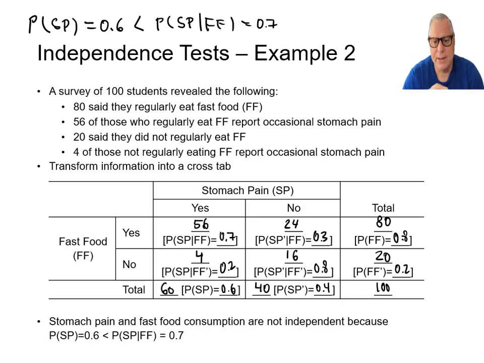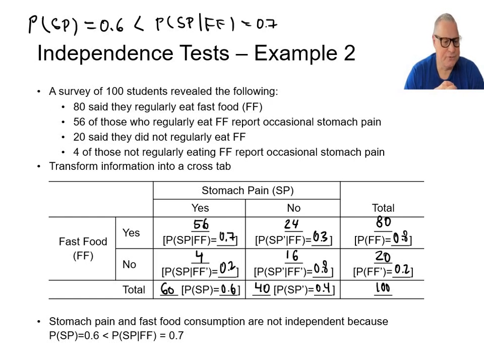And of course, what the pharmaceutical company is trying to find out is that the probability that a randomly selected person from the population, whether they take that medication or not, has the same probability of reporting occasional headaches as those who take the pill.